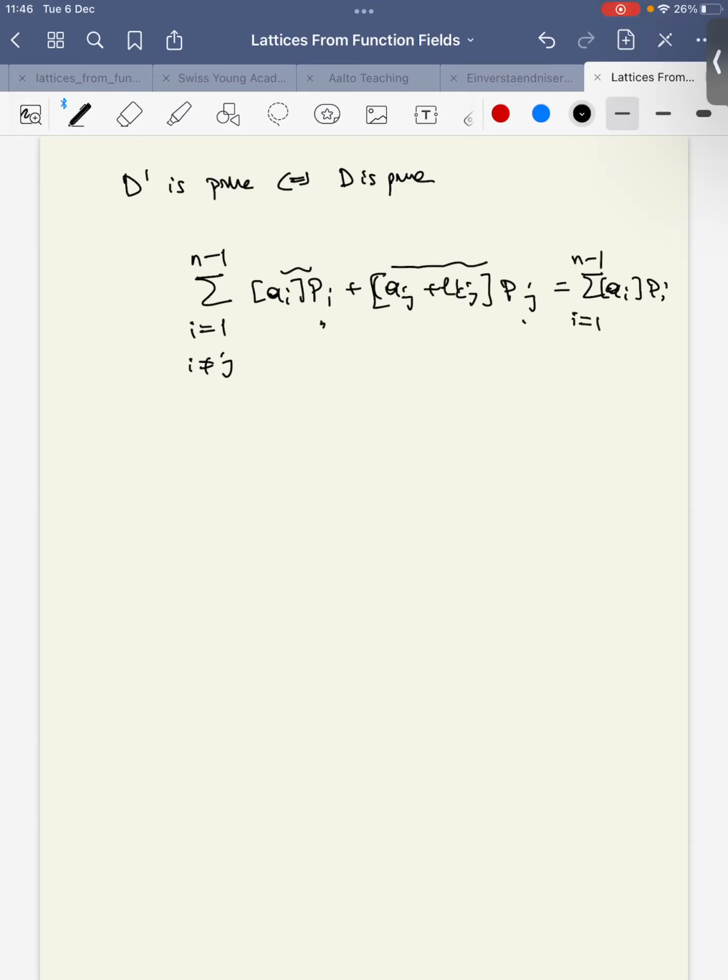And now let me write D as R times O, Q1, Q2 up to Qt. And we will allow repetitions, so some of the Q_i and the Q_j might be the same.